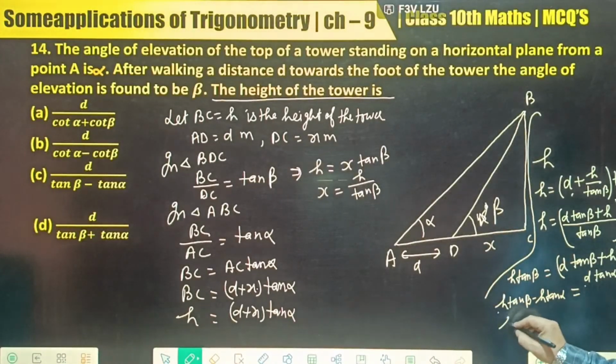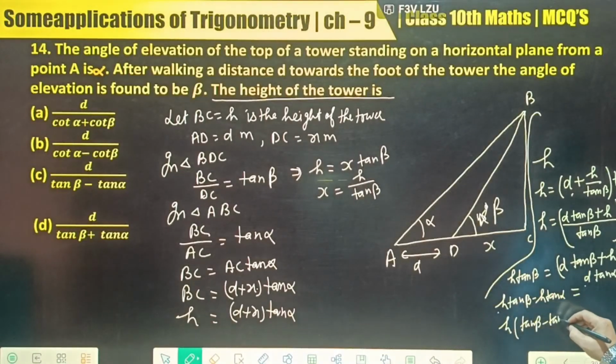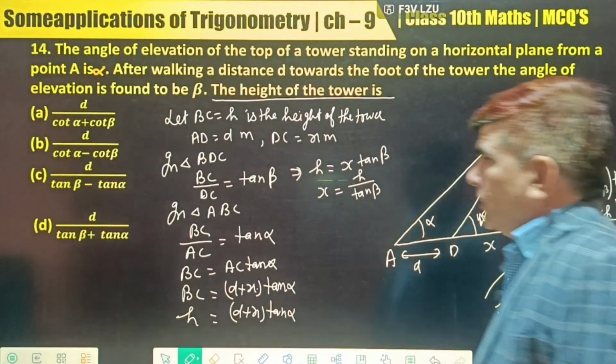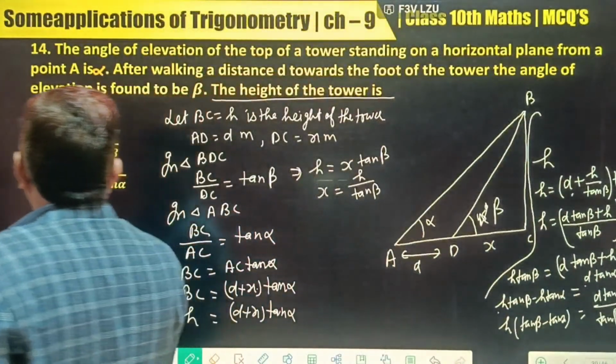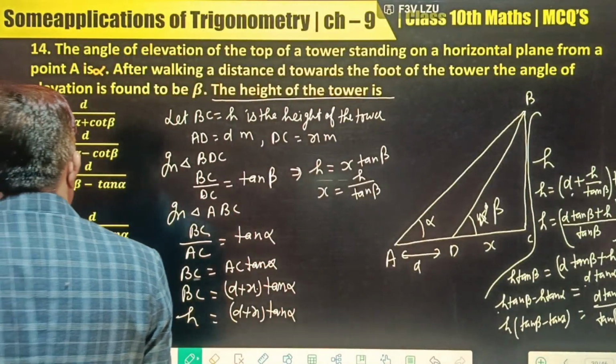H taken common, tangent beta minus tangent alpha equals D tangent alpha tangent beta by tangent beta minus tangent alpha. So which one is your answer?